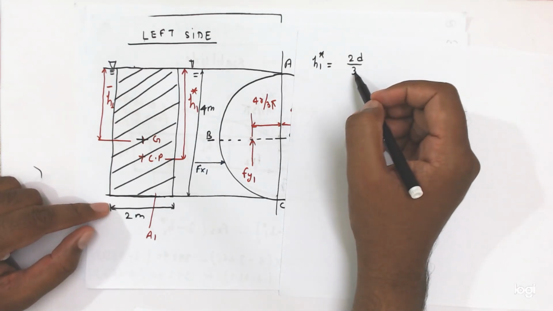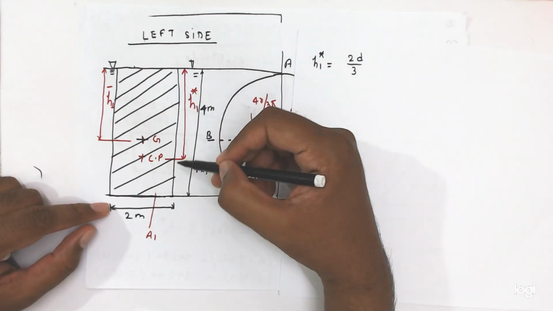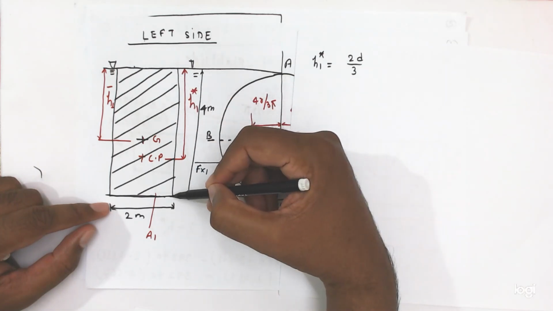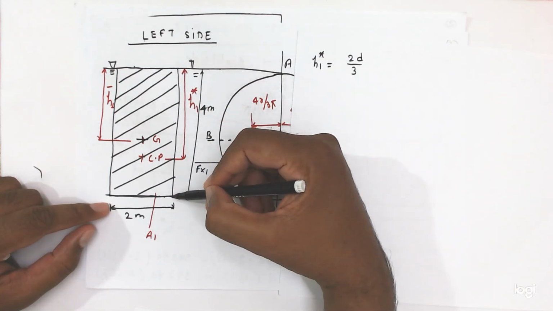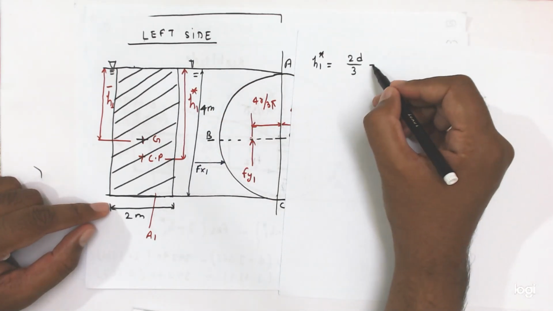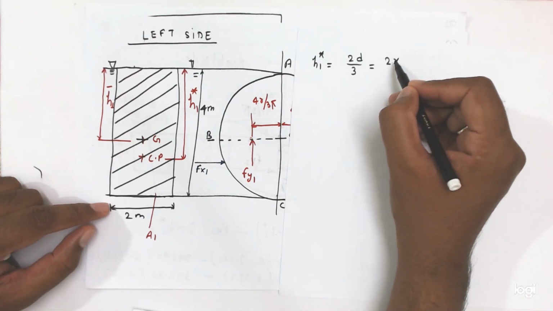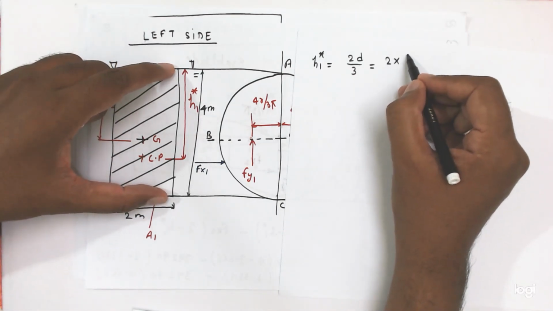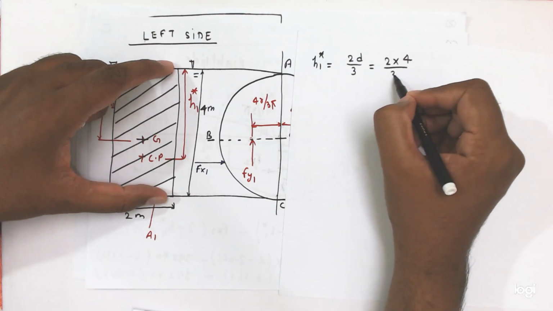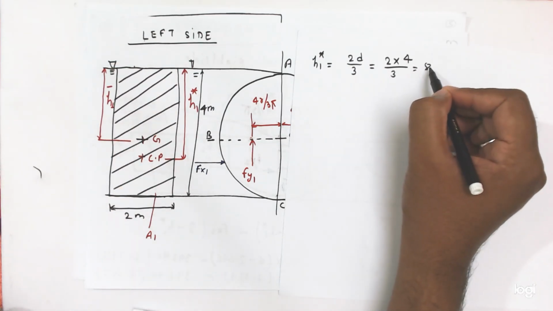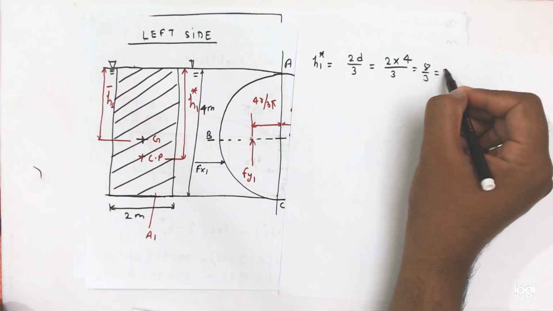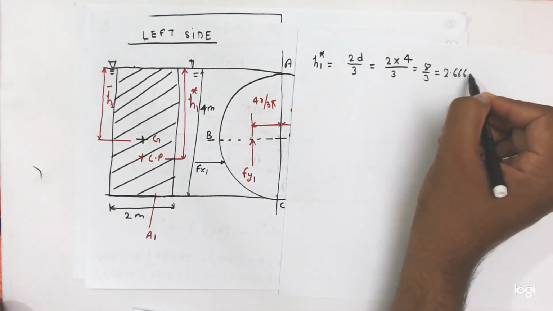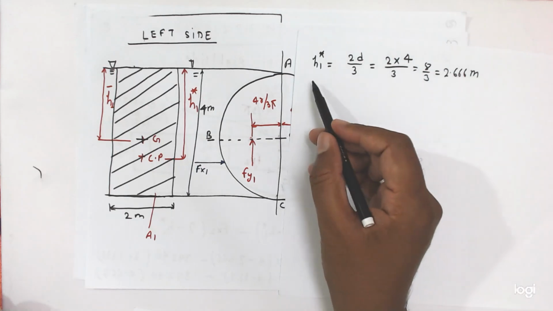Directly we can determine d is this distance. So we can calculate 2 into this dia, 4 divided by 3, so 8 divided by 3 is equal to 2.666 meter. This is the H1 star.